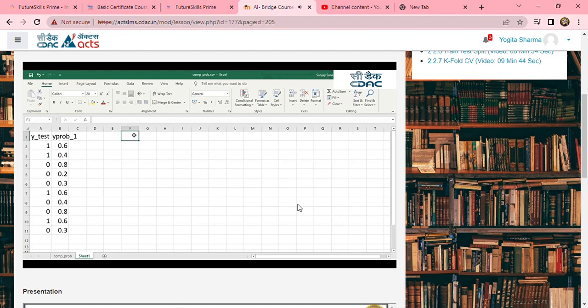For example, if we consider 0.1 as the threshold, then every probability bigger than 0.1 becomes 1, otherwise 0. Likewise, we will have different sets of ones and zeros. Maybe let us try some other threshold like 0.25.